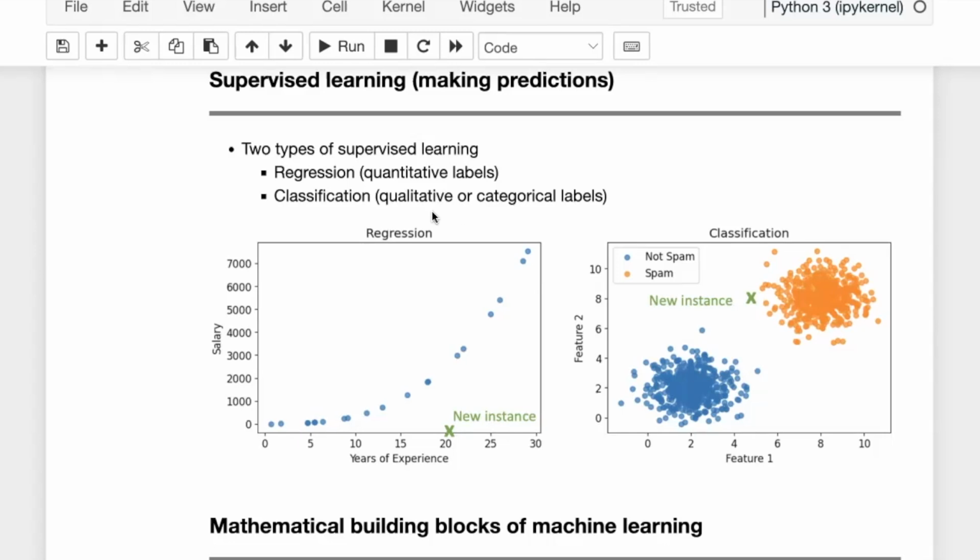So in this case, we have qualitative or categorical labels. And in future lectures, we're going to first talk about regression, and then in the subsequent lecture, we're going to talk about classification.